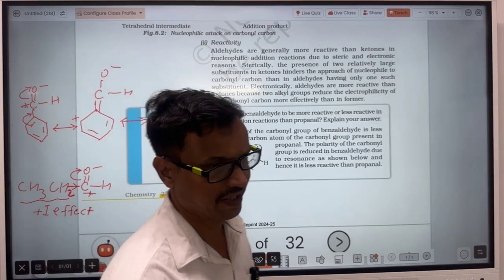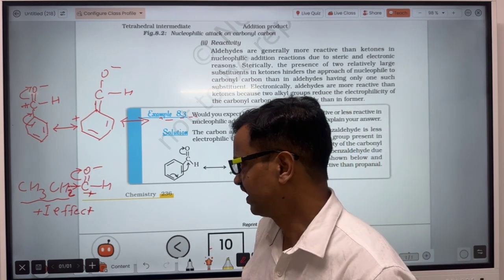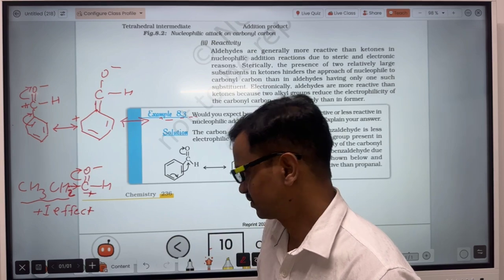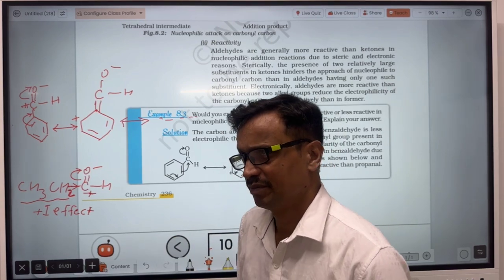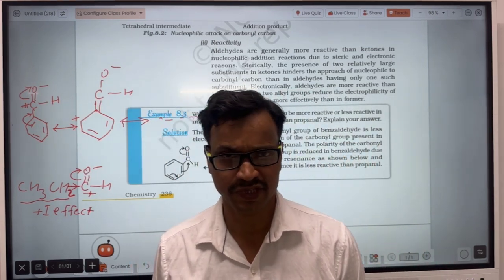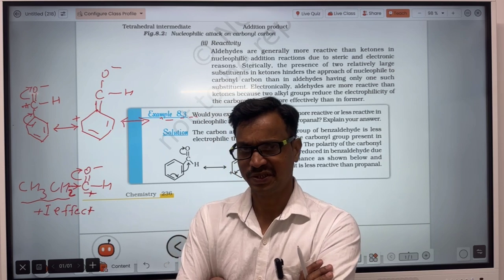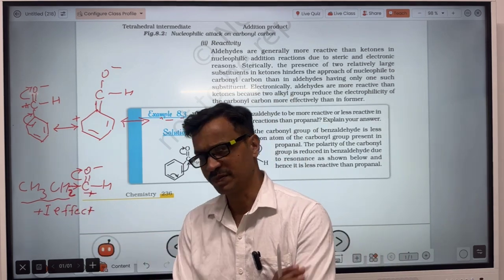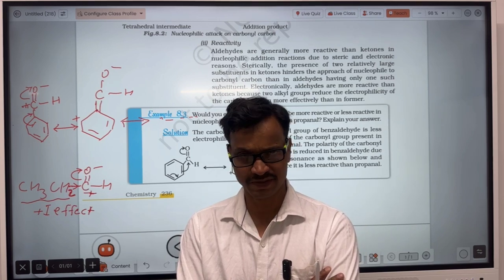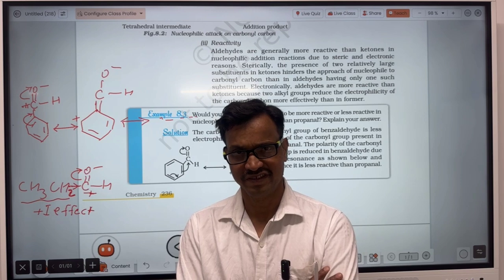So in benzaldehyde the magnitude of positive charge on the acyclic carbon atom will be very small compared to propanal, because in benzaldehyde it is neutralized by the minus R effect of the phenyl group, and in propanal by the plus I effect of the ethyl group.